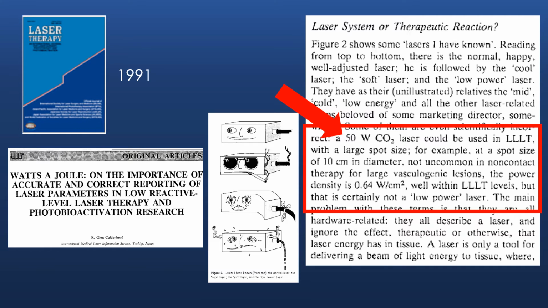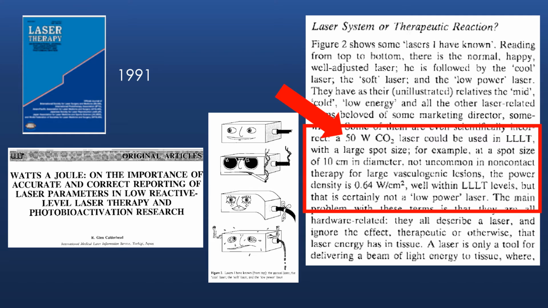An excerpt of his article is at right where he says, a 50-watt carbon dioxide laser could be used in LLLT with a large spot size. For example, at a spot size of 10 centimeters in diameter, not uncommon in non-contact therapy for large vasculogenic lesions, the power density is 0.64 watts per square centimeter, well within LLLT levels, but that is certainly not a low-power laser.